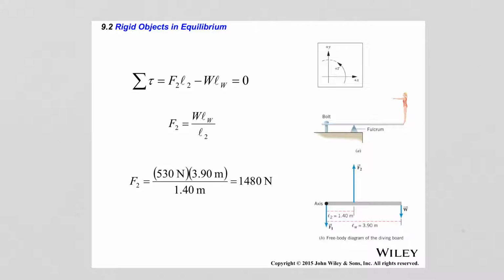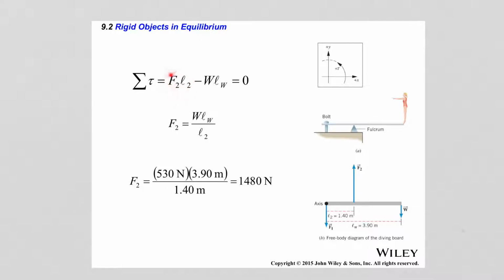The torque of the force F2 is equal to F2 times L2, where L2 is the lever arm for that force. And remember the definition of positive and negative torque. F2 tends to rotate the board in the counterclockwise direction, so the torque that it produces is positive.